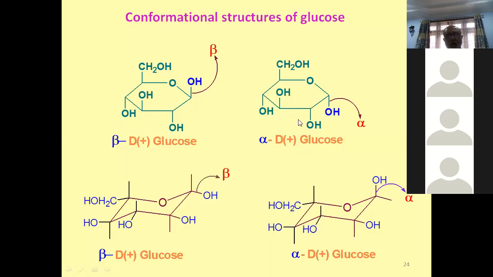Already I asked you to write down alpha glucose. You remember, like this: right, left, right, and then the other things. For alpha, this OH group will be on the right hand side, going down, and the beta will be up.